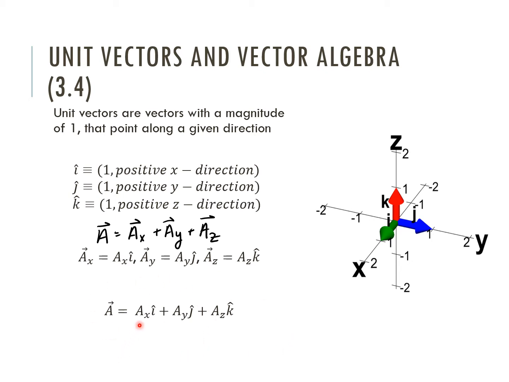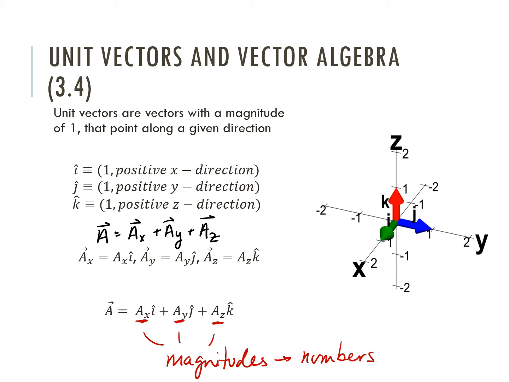Now Ax, Ay, and Az, all of these values, are going to be magnitudes. They're just going to be numbers.